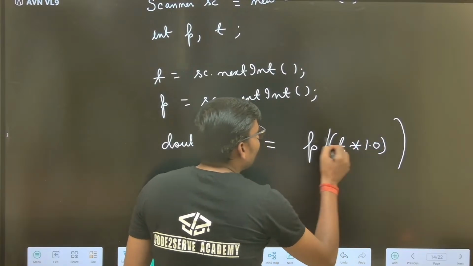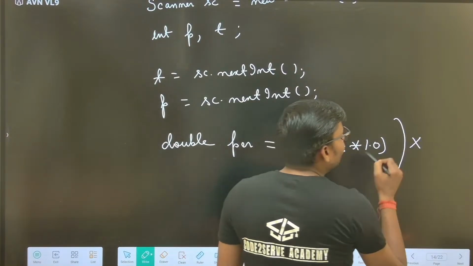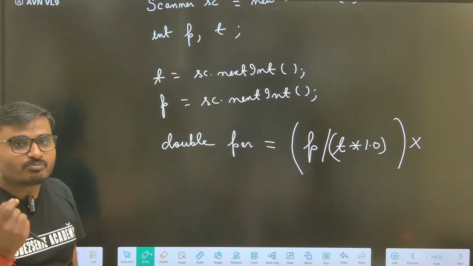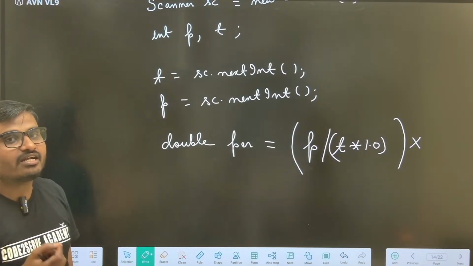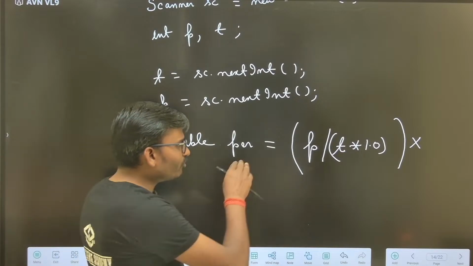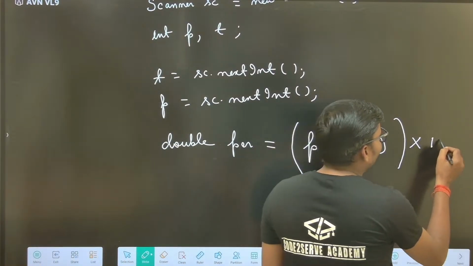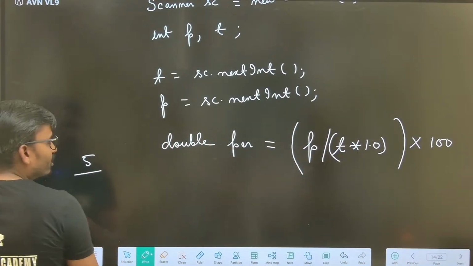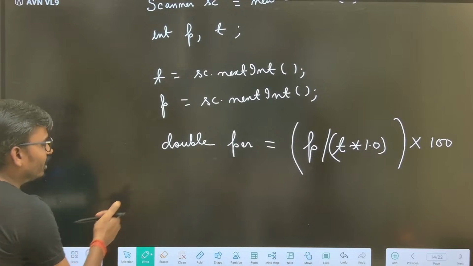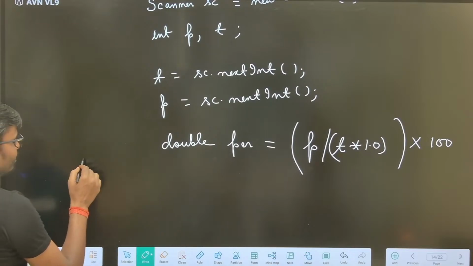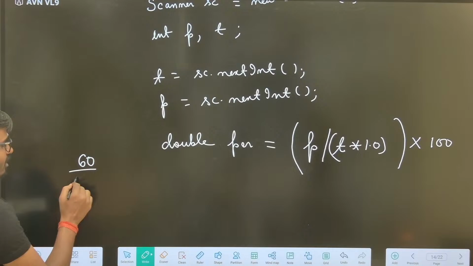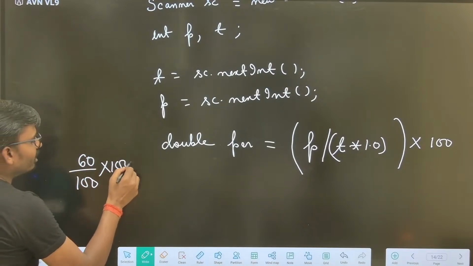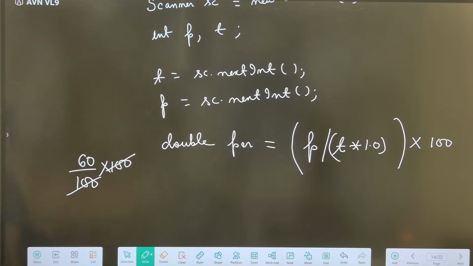Now with this, we will multiply with 100, because we want to find how much percentage of the classes they attended. Suppose a total of 100 classes were held and you only attended 60 classes, then you multiply with 100, which means 60% of the classes you have attended.